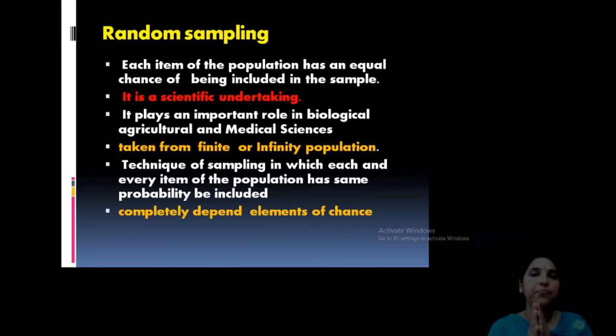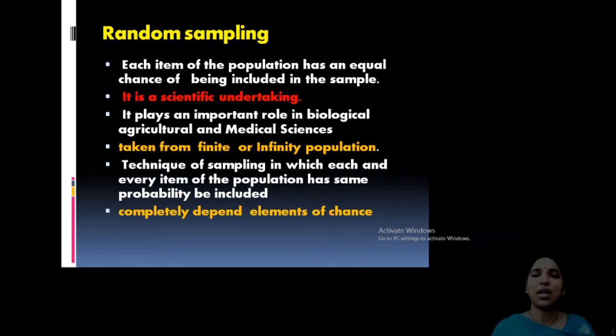For example, I am going to study the marks of your class. Think. How much mark did you get in biostatistics? How will I determine? Randomly I will select 5 or 6 or 7 from your class, without calling your names or anything. I will put roll numbers 1, 2, 3 on paper, then take them out.